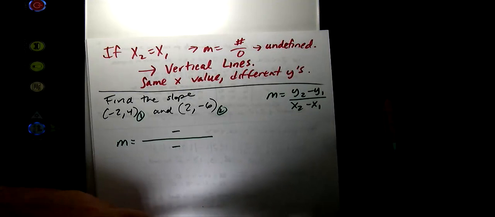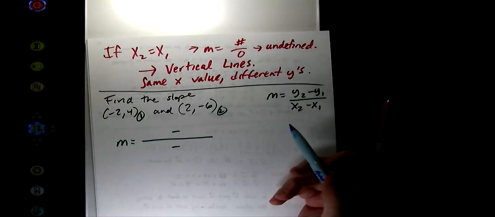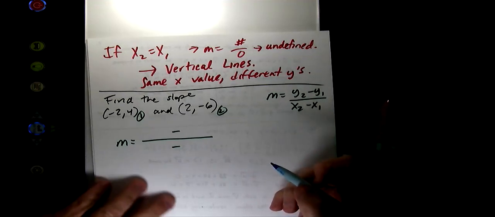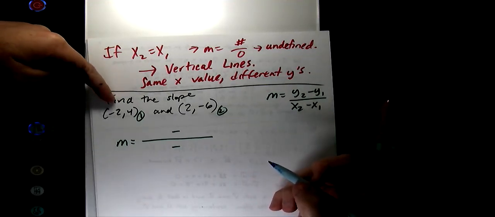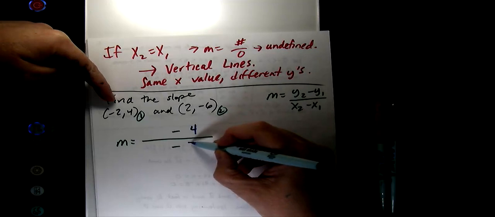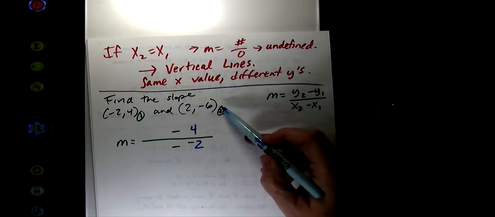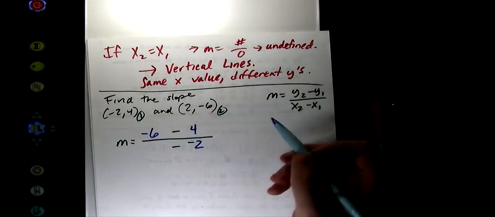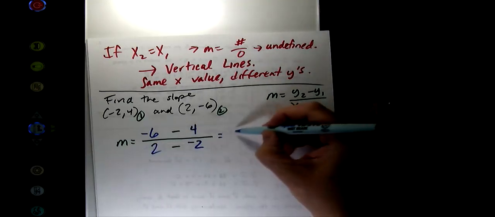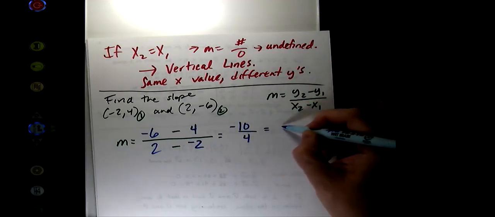I recommend putting the fraction in with the minus signs so you don't forget them, and if there's a negative sign in there, it's in addition to the minus sign. So my values for point 1 go on the right. y1 goes on top, x1 goes on bottom. And then y2 is -6, it goes in the upper left. And y1 is 2, it goes in the bottom. This is -10 over 4, which simplifies to -5 over 2.